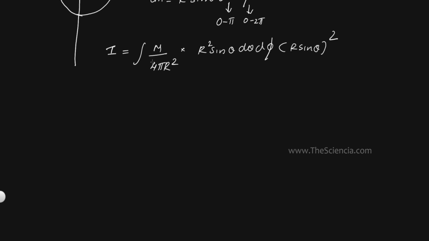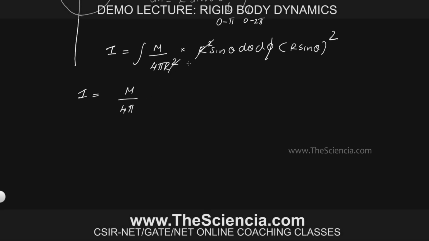So here we can take the constants outside, that is I equal to m by 4 pi. Here r square cancels, and one more r square will be there, that is m r square, integral sine cube theta d theta integral d phi. Theta limit is 0 to pi and d phi limits are 0 to 2 pi.